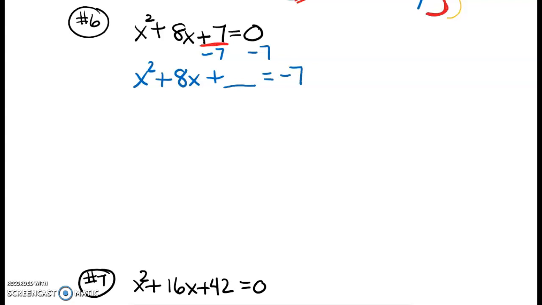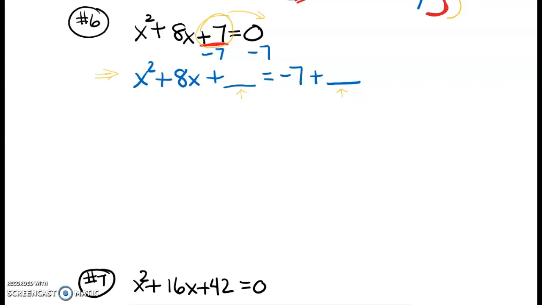But we know when we're solving equations that you can't just add something to one side. In order to keep it equivalent, you must add it to both sides, right? And we've done this since the beginning of the school year. So when we solve quadratic equations by completing the square, we're going to take this constant right here, move it to the other side, and then we're going to add some number to both sides that turns this quadratic into a perfect square.